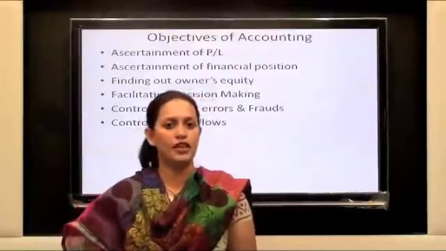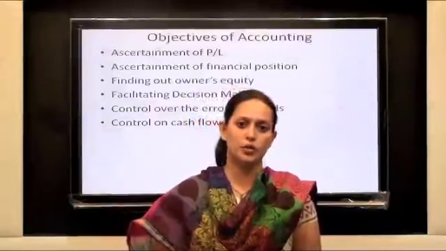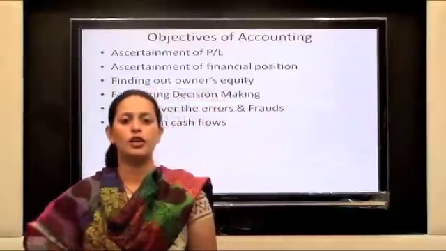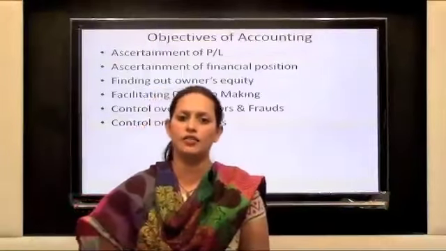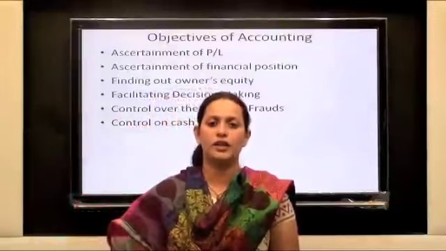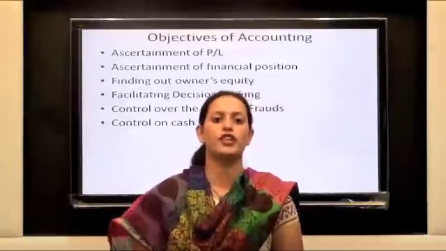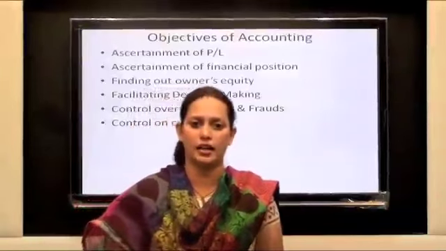That is, whatever comes into the business would be debited and whatever goes out from the business would be credited. Similarly, the rule for the personal account is debit the receiver and credit the giver. That is, whoever receives would be debited, and whom we are paying, that is, we are the giver, so we will credit our account.